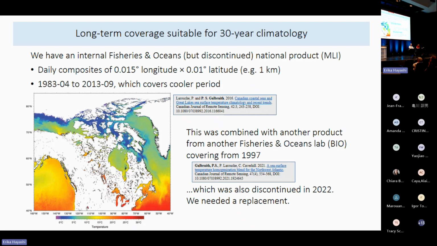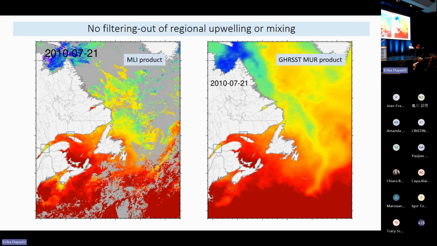Everyone was telling me to use MUR, which in French we say mur. But MUR has a problem for us, and this is the question of filtering out cold spots. For example, off of Yarmouth, the head of the Laurentian Channel, there is recurring upwelling or tidal mixing, which tends to be washed out in MUR.